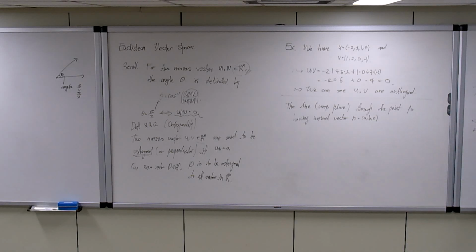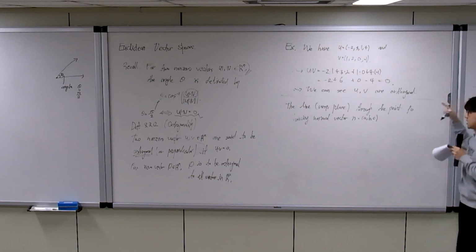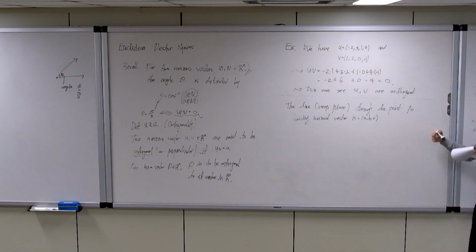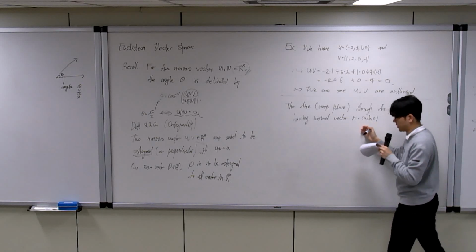If we translate the vector to start from the origin, then the coordinates give the vector's information.